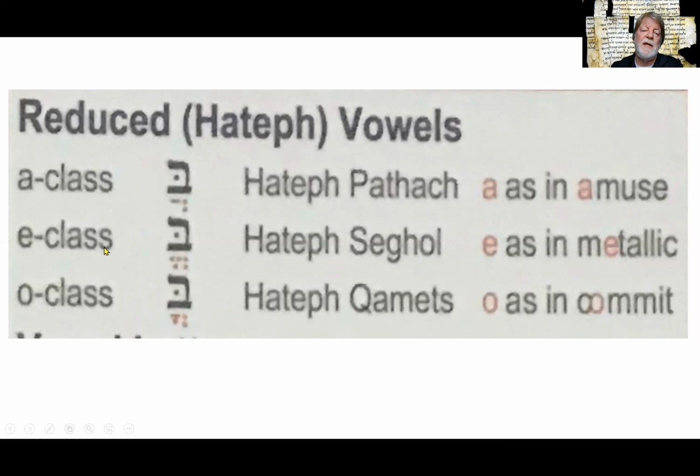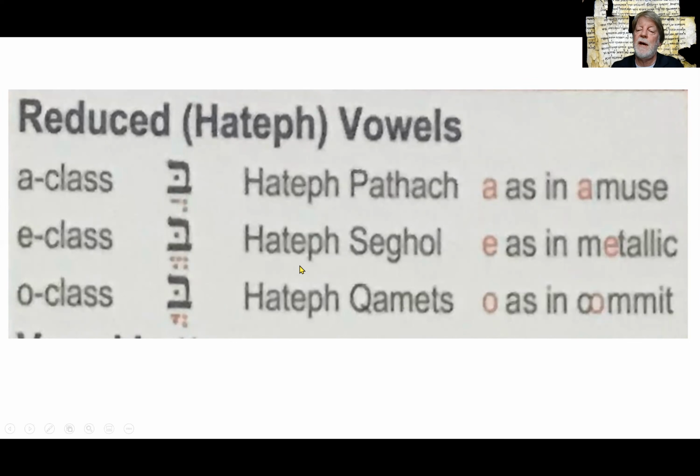The next one is an E class, Hateph segol. Remember, the segol is the E sounding vowel that's 3 dots, not in a line like the kibbutz, but in a triangle. And here's the shva beside it so that we rush past the vowel sound.